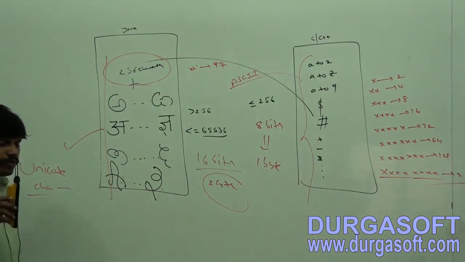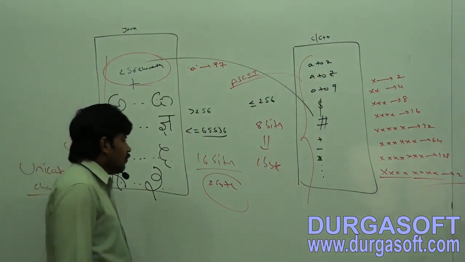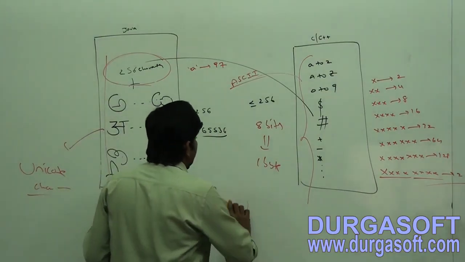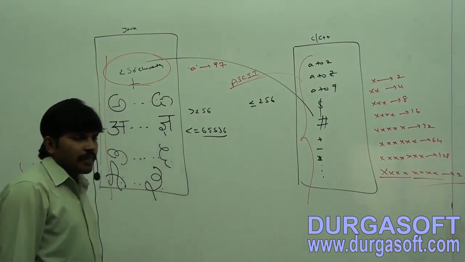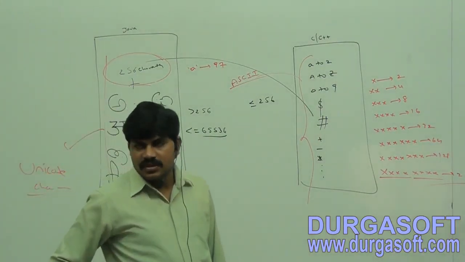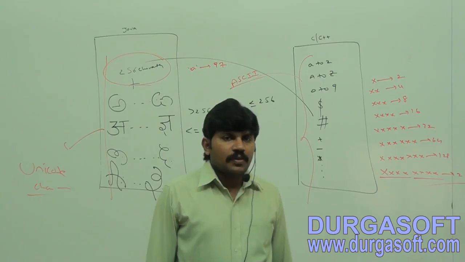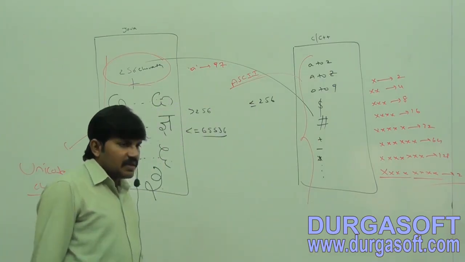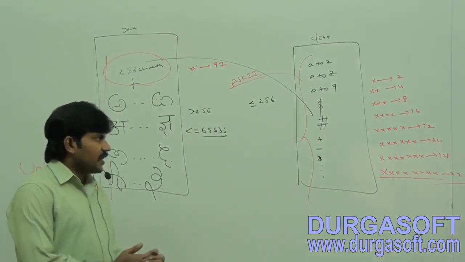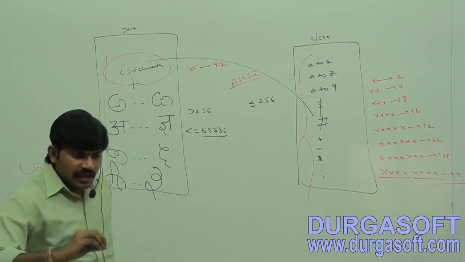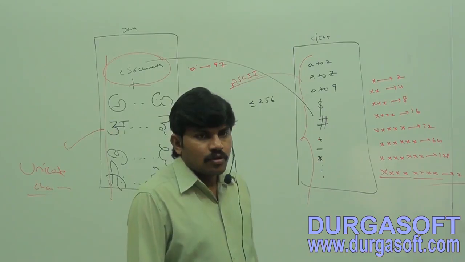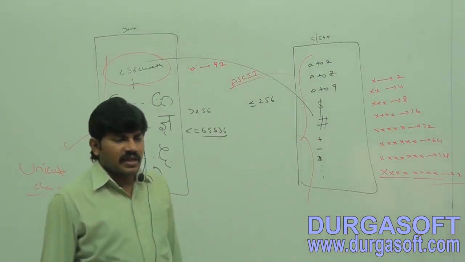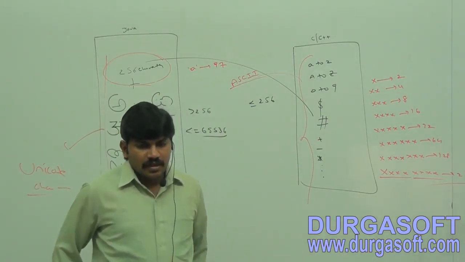Next, to represent these 256 characters, 8 bits are enough.